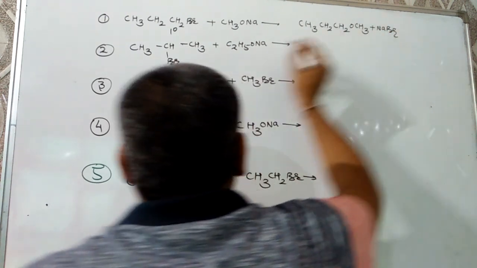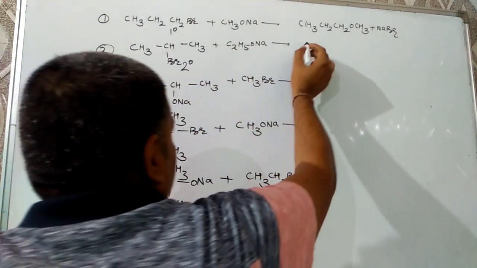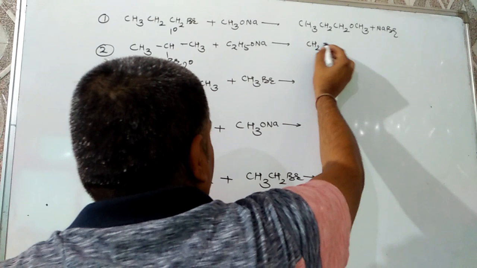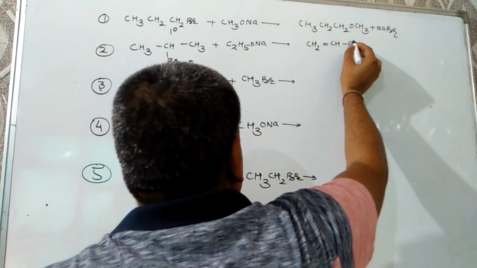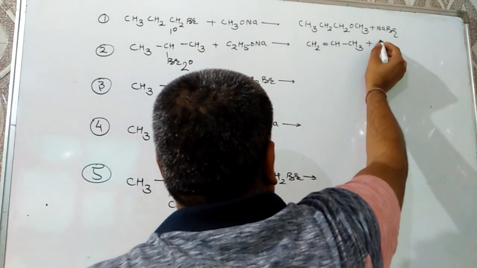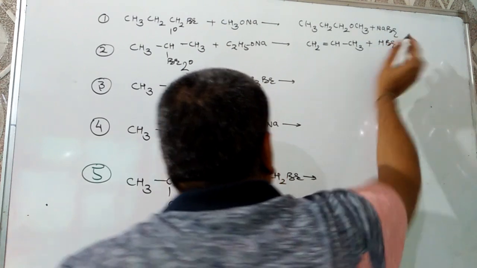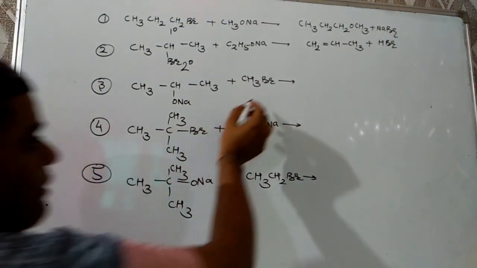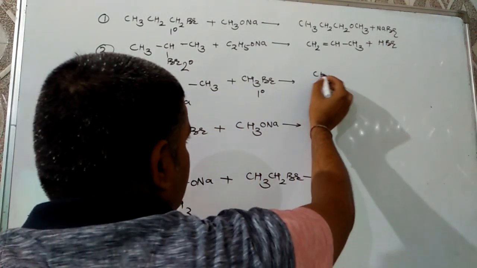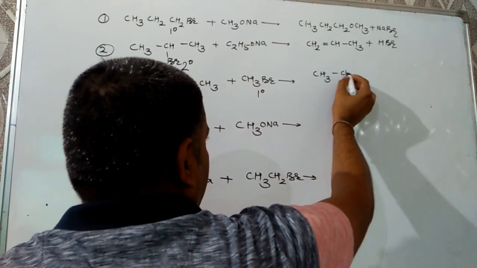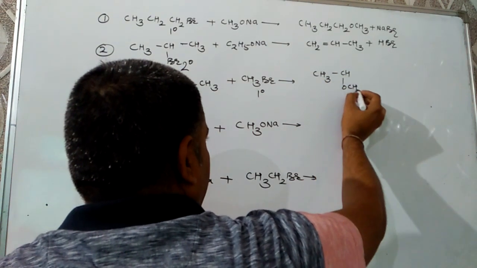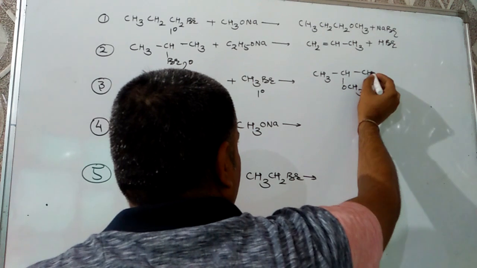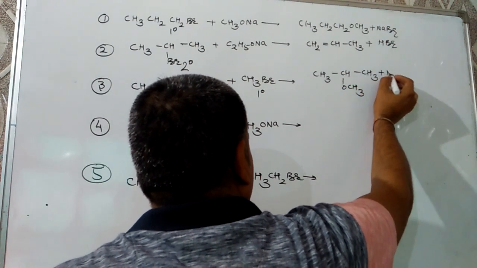In the second case, the haloalkane is secondary, so beta elimination will take place and the product formed will be propene plus HBr. Next case, the haloalkane is primary, so ether will be formed: 2-methoxypropane and NaBr.